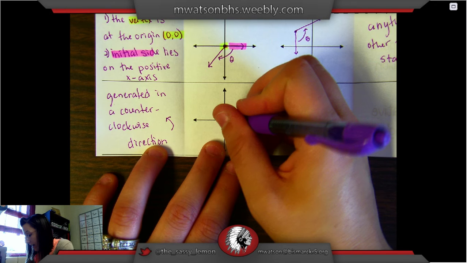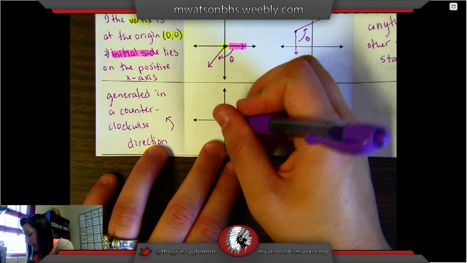And then for a negative angle, it's the opposite. A negative angle is generated in a clockwise direction. And so if we put our vertex at the origin and our initial side on the positive x-axis, and let's draw our terminal side in the exact same location.